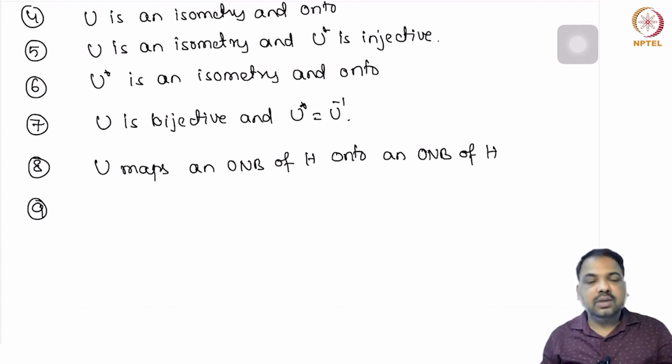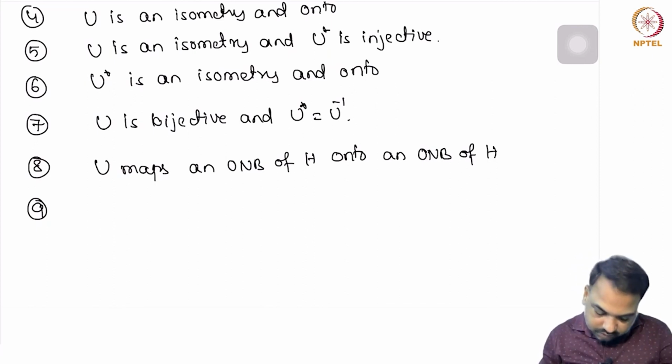So we can conclude that U maps an orthonormal basis of H onto an orthonormal basis of H. So here again, U is an isometry and normal.